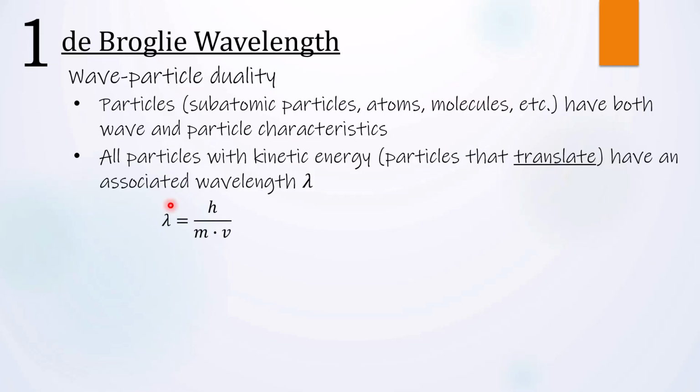What de Broglie formulated was that the wavelength of that particle that's moving is given by Planck's constant h over mass times velocity. And now this is not the wavelength of a photon.